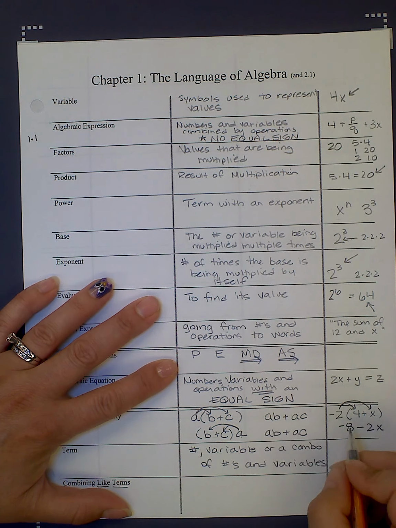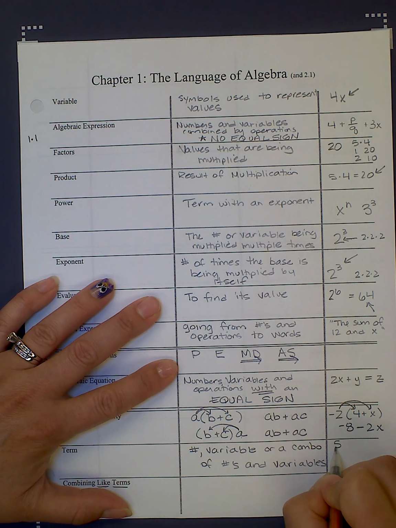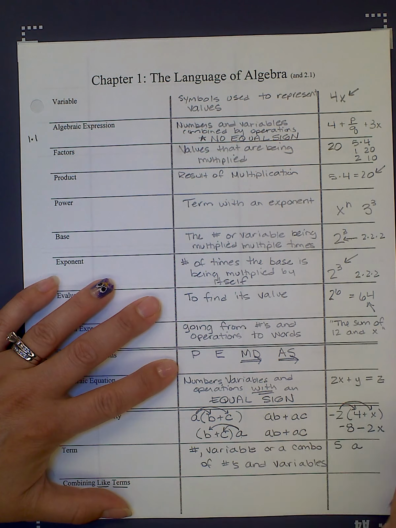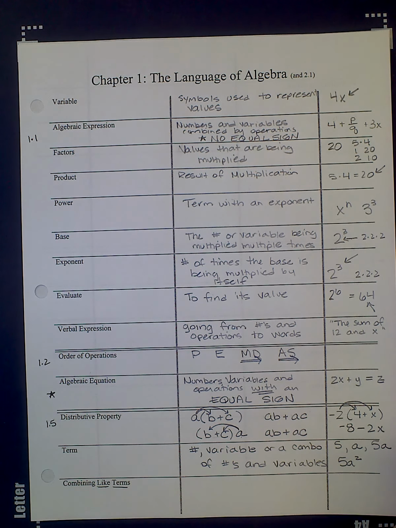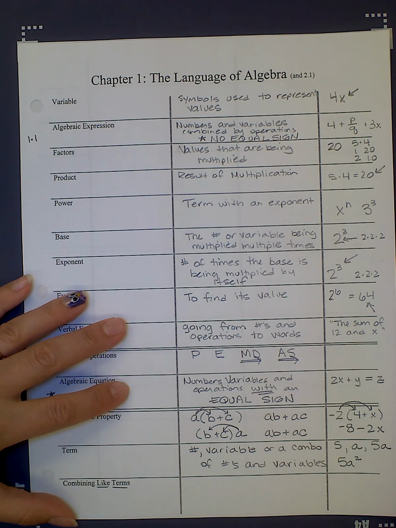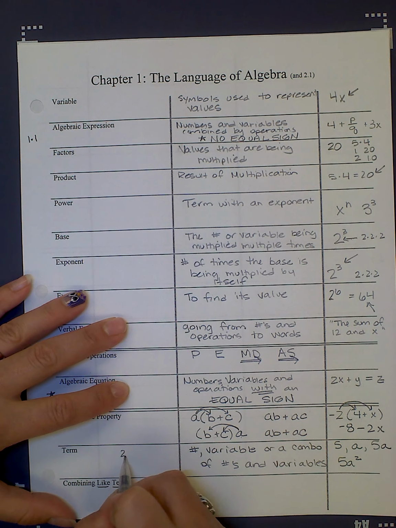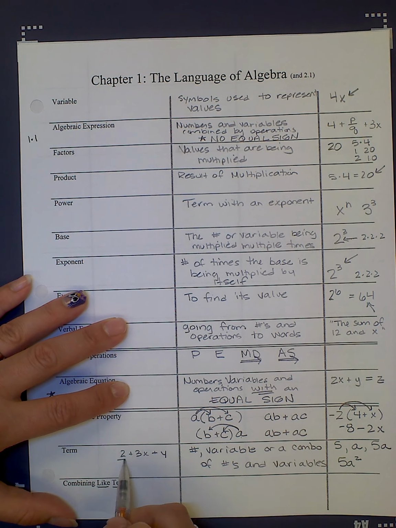So 5 could be a term, A could be a term, 5A could be a term, or 5A squared could be a term. The key with terms is that they are separated by addition and subtraction. So if you had 2 plus 3x plus y, that would be 1 term, 2 terms, 3 terms.